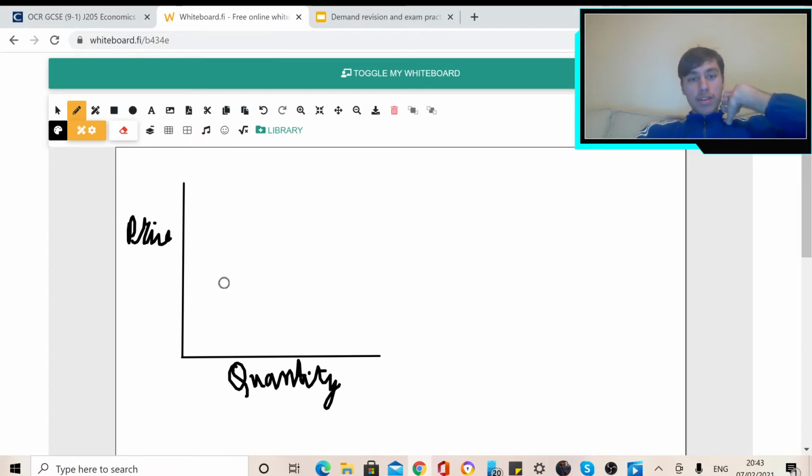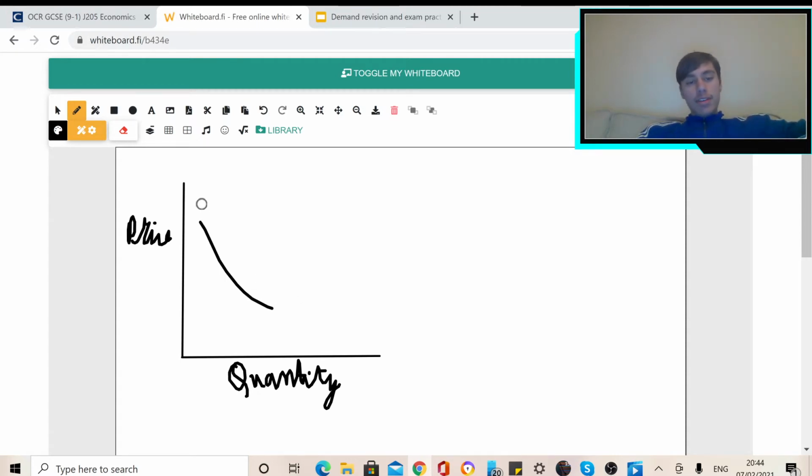As we know, as the price increases, the quantity decreases, or inversely, if the price decreases, the quantity increases. So the demand curve would always look something like this. Not always, but in general terms.